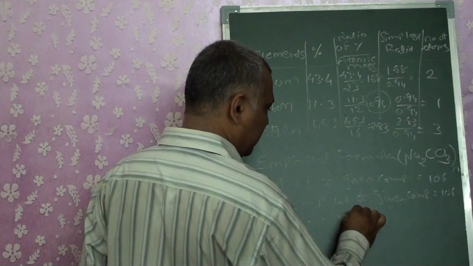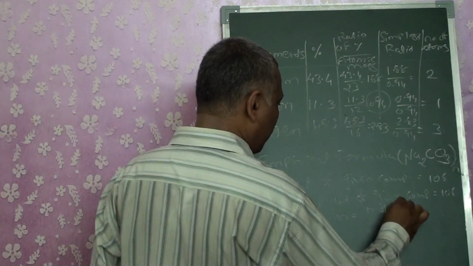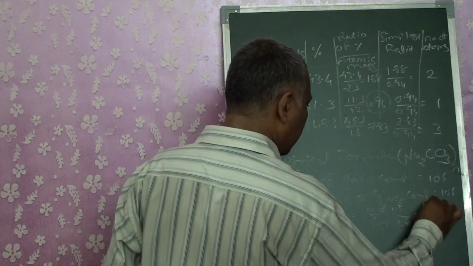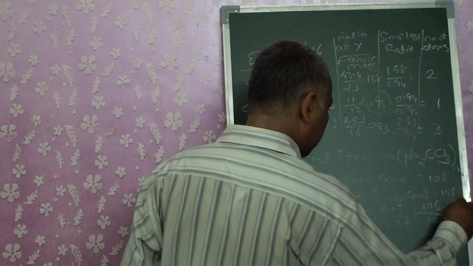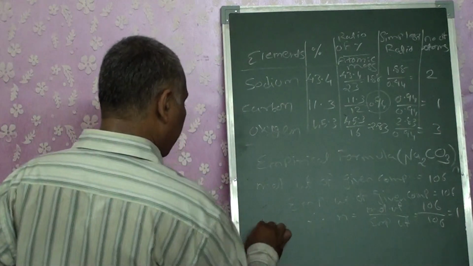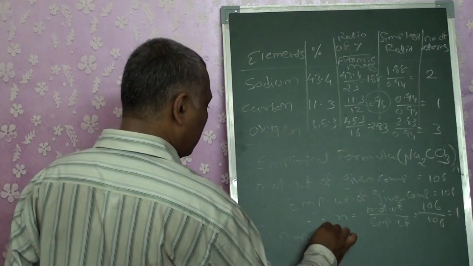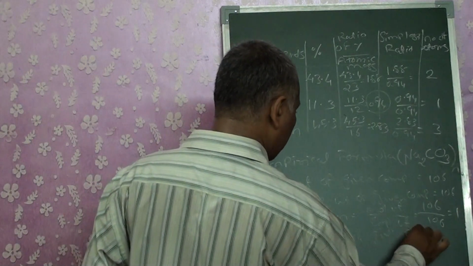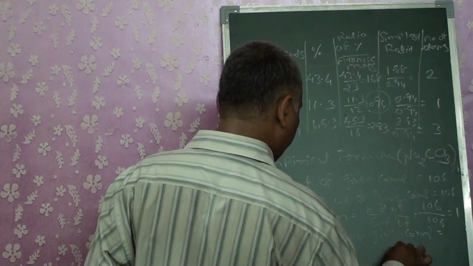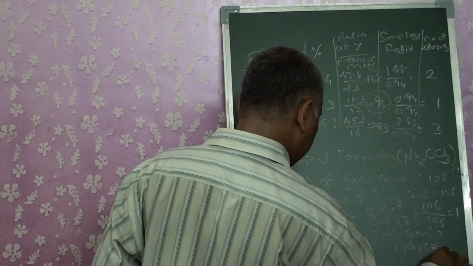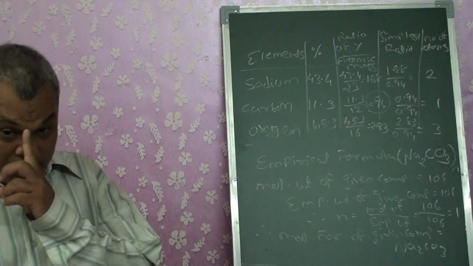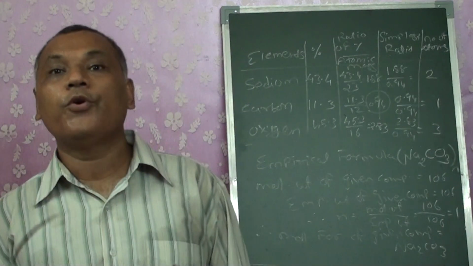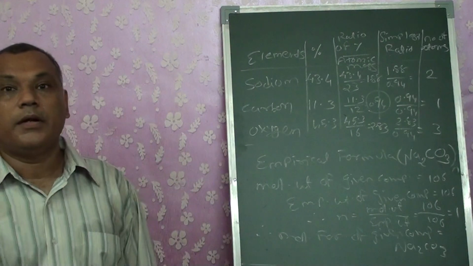So n equals molecular weight upon empirical weight. We get 106 upon 106, which equals 1. Therefore, the molecular formula of the given compound will be Na2CO3. That means in this sum, the molecular formula and empirical formula are both the same.